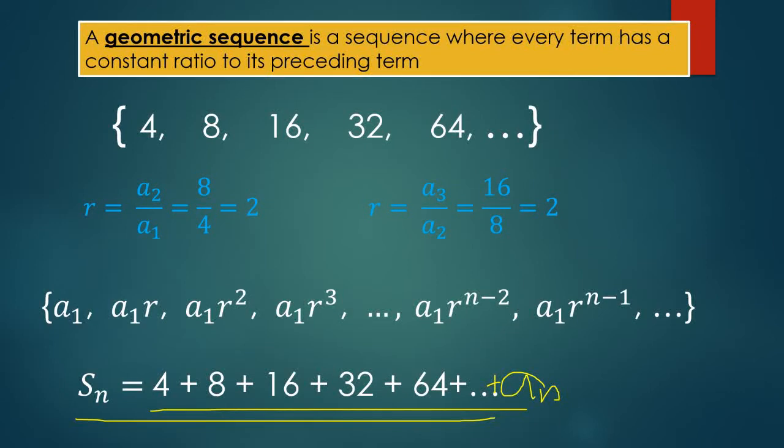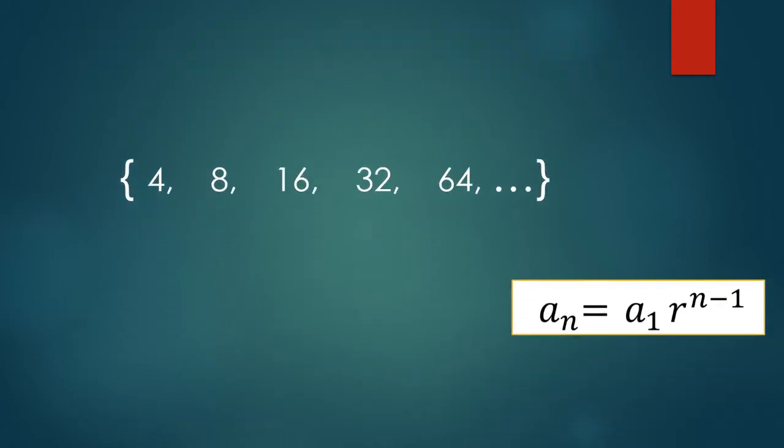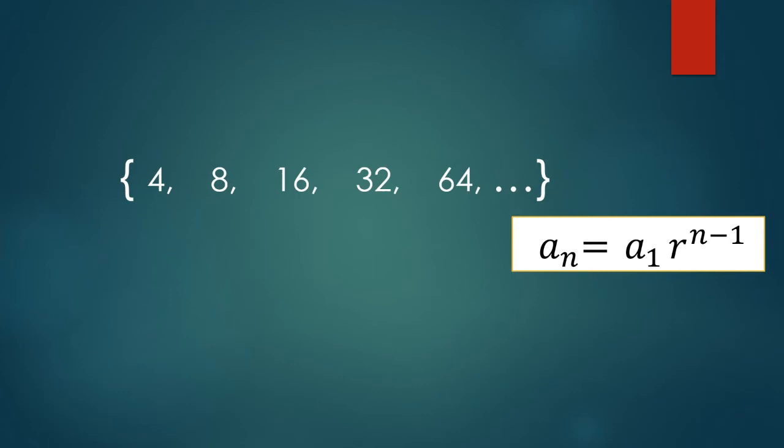That is the partial sum of the geometric sequence. This is the geometric sequence formula, which is A1 times R raised to n minus 1.